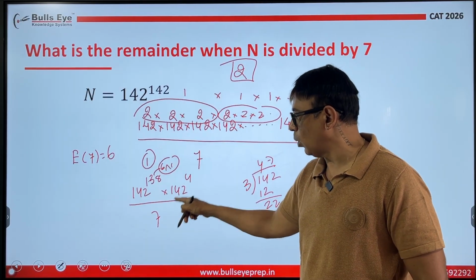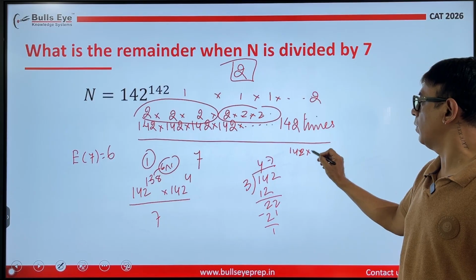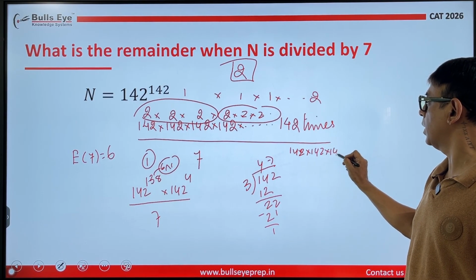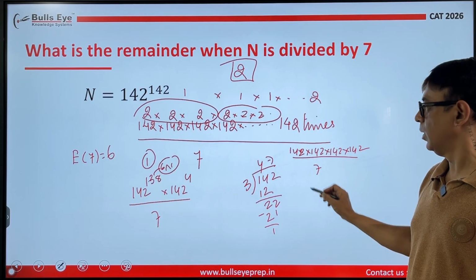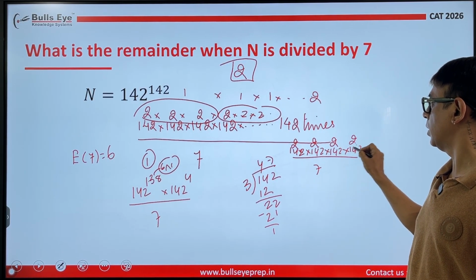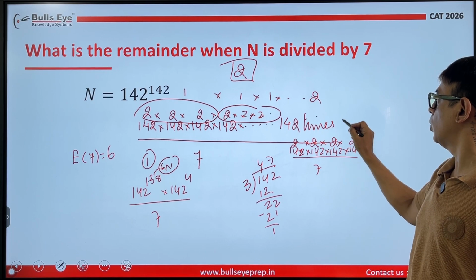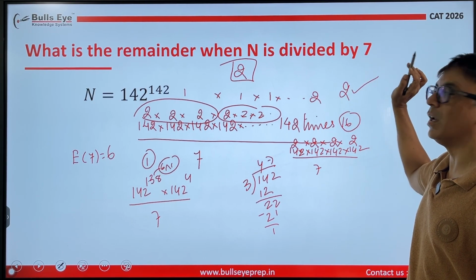So you have to play only with this. What you are left with is 142 into 142 into 142 into 142 divided by 7. Here the remainder is 2, here it is 2, here it is 2, and here it is 2. 2 into 2 into 2 into 2 is 16, and 16 divided by 7, the remainder is 2.